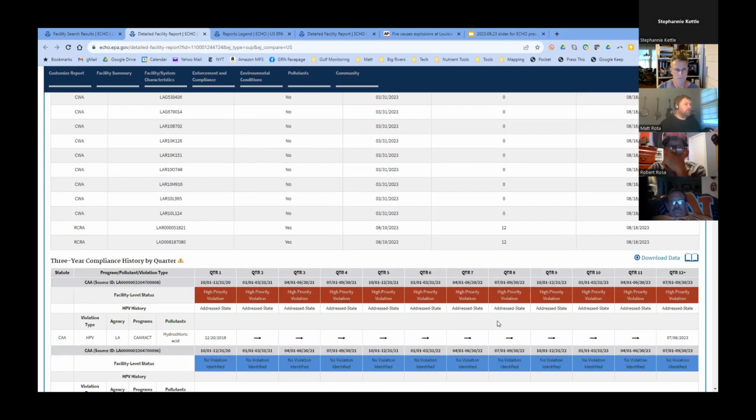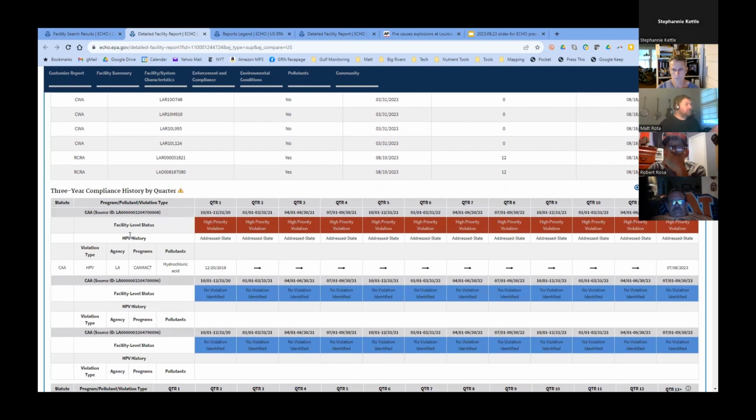Again, you have Clean Air Act violations, and you might see different sources, like source ID, because some facilities have multiple emissions from the same plant. So in this facility, they have different areas of operation.